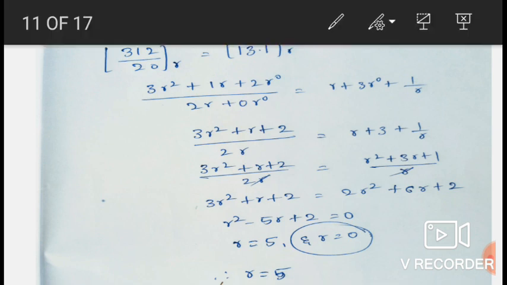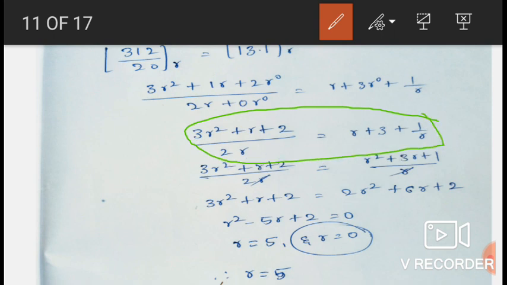Then you are going to get this value. If you take the LCM and cancel the r, and send the left side information to the right side, finally you are going to get r square minus 5r plus 2 equal to 0.